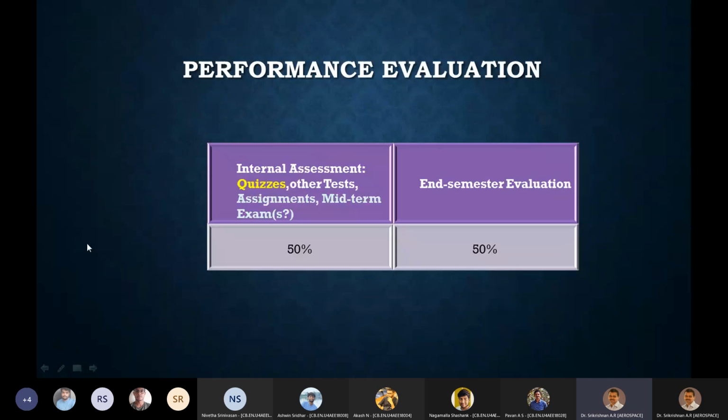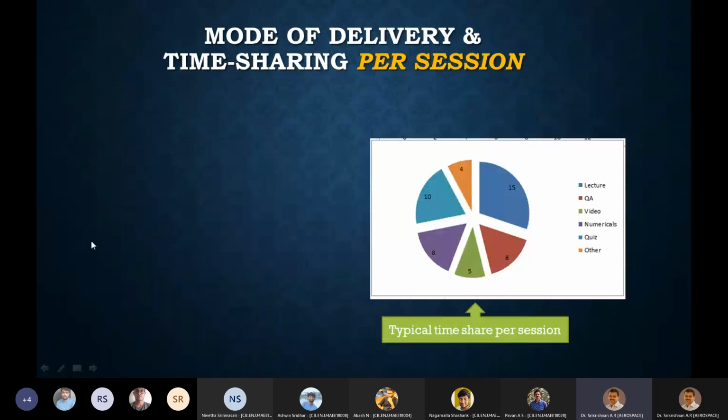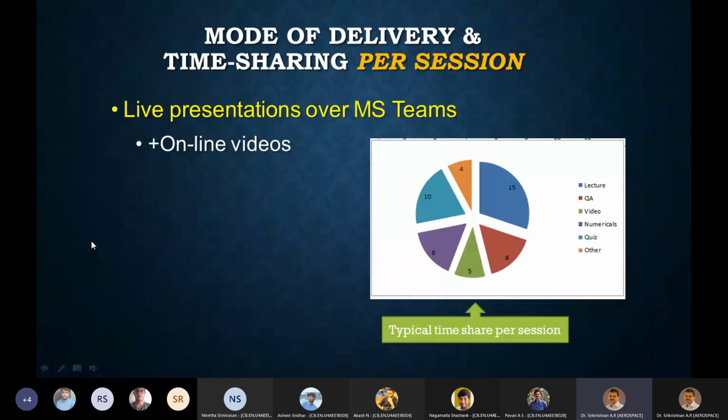Okay, now for each class, as we know, the MS Teams sessions will take some time. I would try to restrict it to 15-20 minutes. What I have here is an exploded view of a pie chart, which is a rough time division that I have in mind. There will be variations from time to time, but this is what I roughly target.